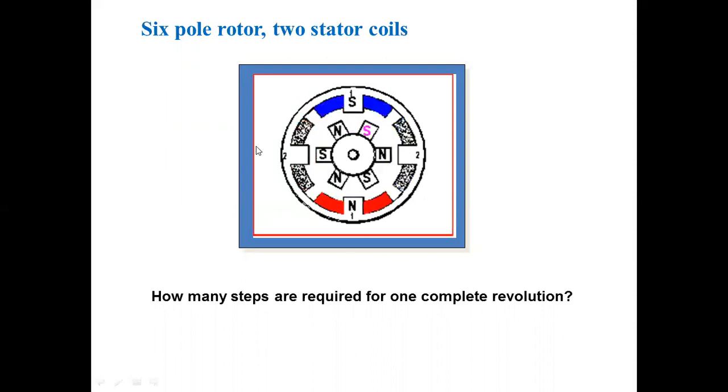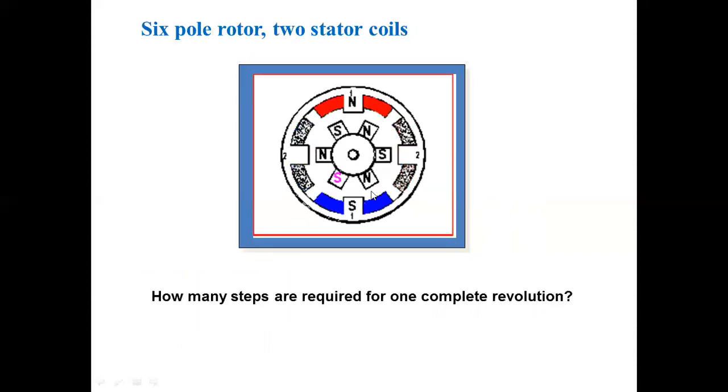After that it changes, here it is 1A, 1B, 2A, 2B, like that. In the middle of the terminals also we are getting steps, the rotor is also rotating in between the poles of the stator electromagnets. With respect to this type of rotation, we are getting more steps. How many steps are required for one complete revolution? For how many steps?